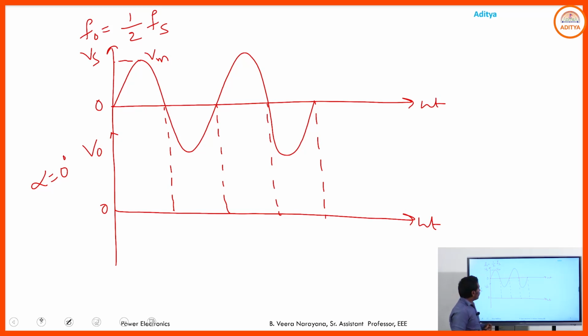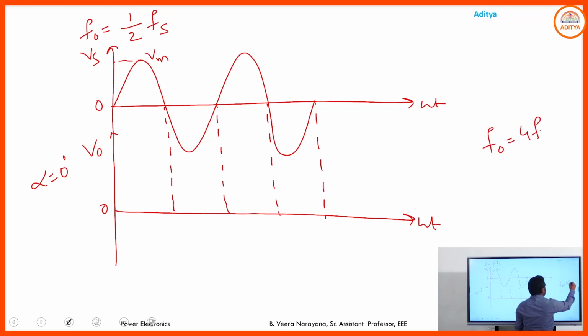What is the meaning here? Previously we discussed the step-up cycloconverter. In a step-up cycloconverter, if you take F0 equals 4 Fs, what is the meaning? F0 equals 4 Fs means the output frequency is 4 times the source frequency.